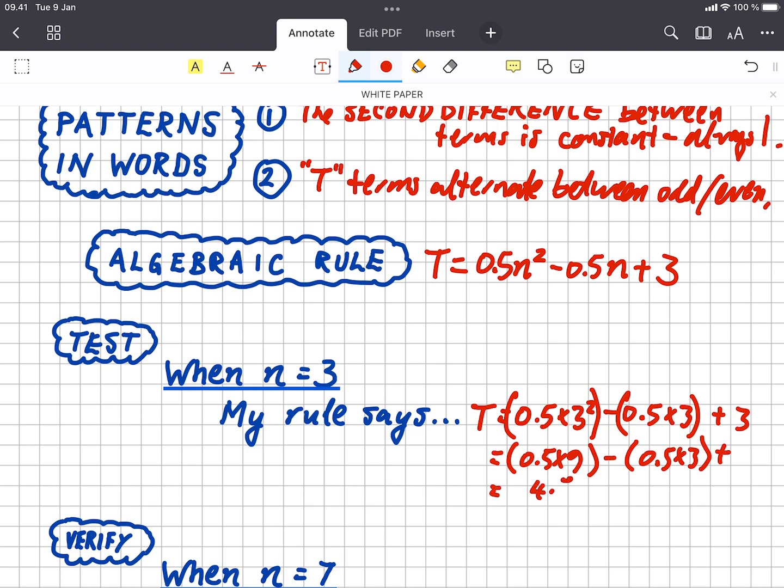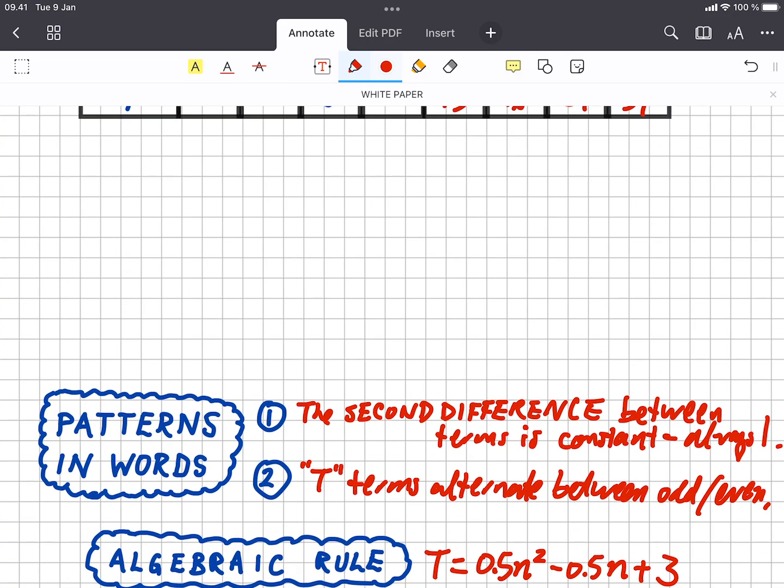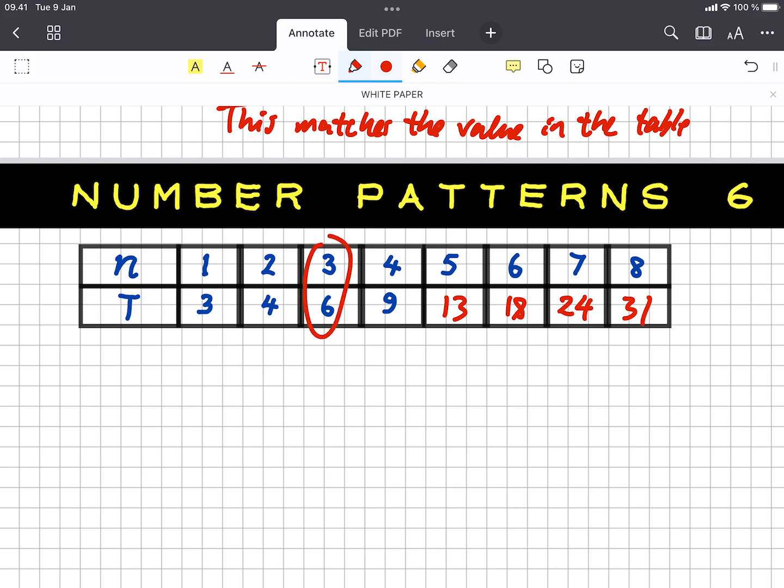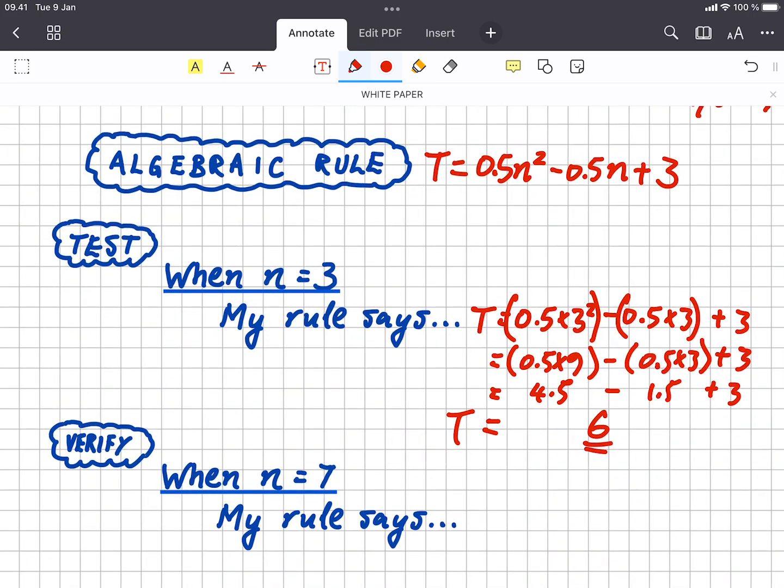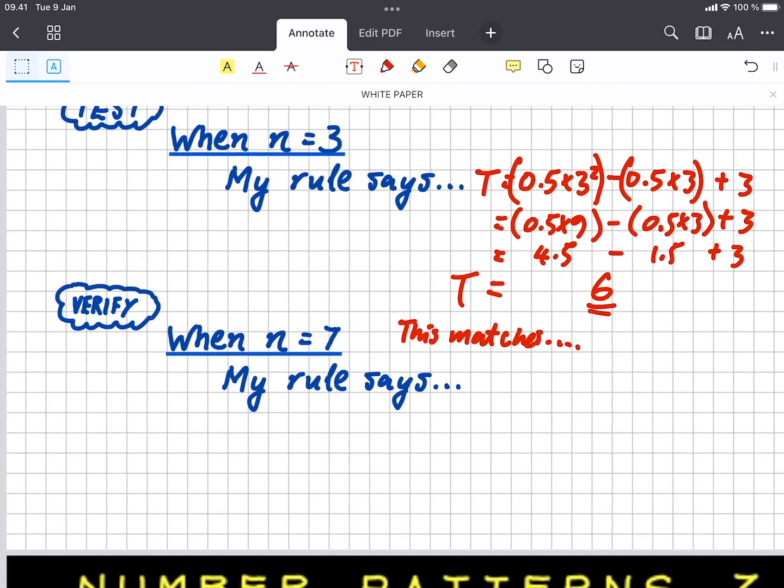So that's 4.5 minus 1.5 plus 3, which is 6. So when n equals 3, my rule says that t equals 6, and that matches the value in the table. So that's a relief.